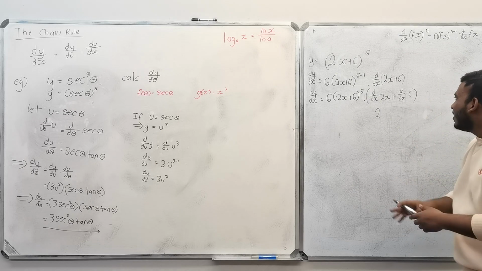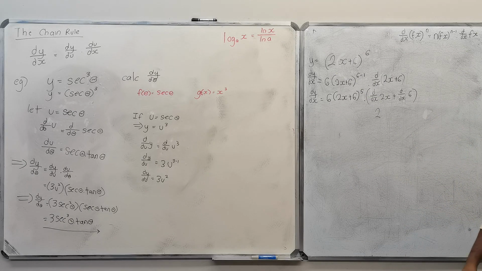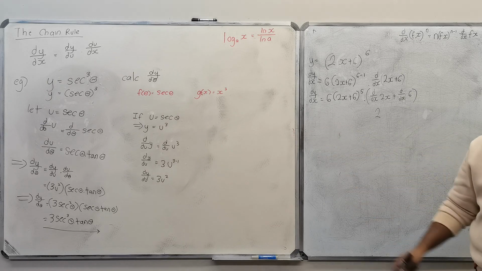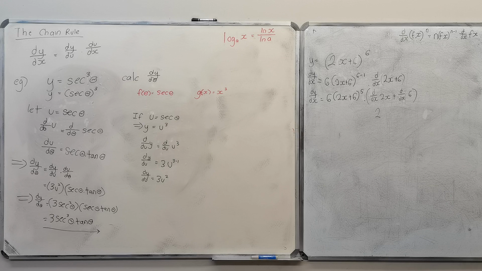The derivative of a constant is 0. From your rules, the derivative of a constant is 0. So the derivative of this expression is just 2. You're all with me, right?